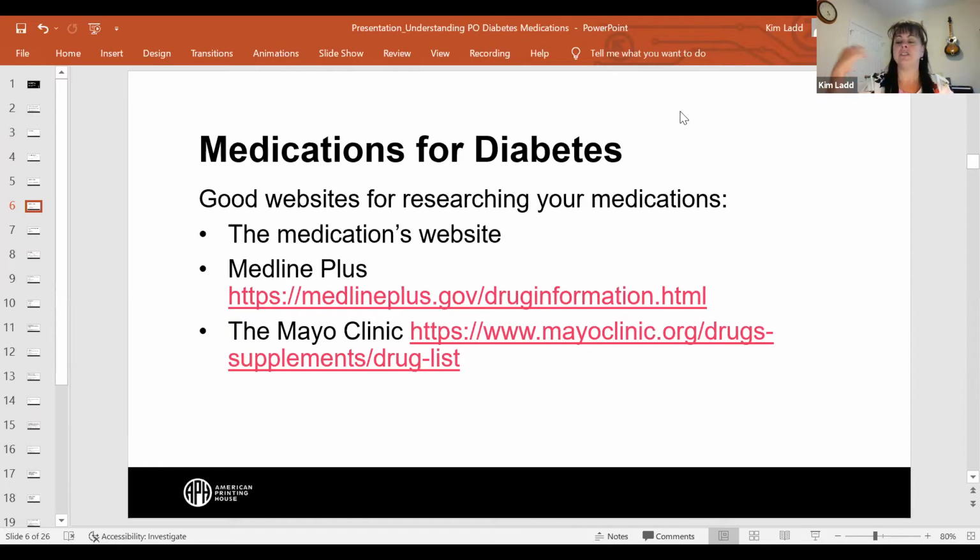You could type in Jardiance and go to that medication site, because it will list everything about the medication that you want to know. In more layman's terms, 2 good sites are MedlinePlus and the Mayo Clinic. They tend to break things down to where it's easier to understand, and you can trust their information because it is put on there by doctors and pharmacists.